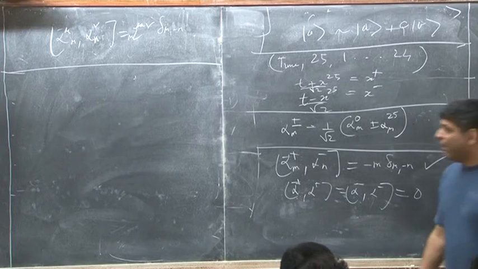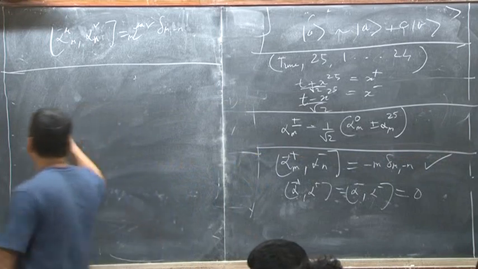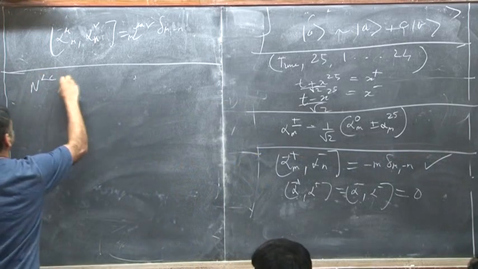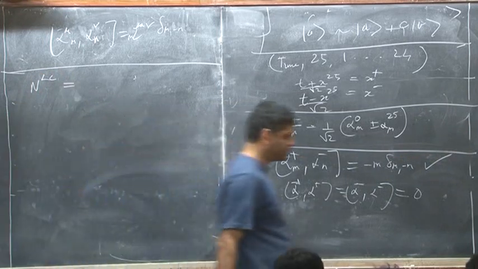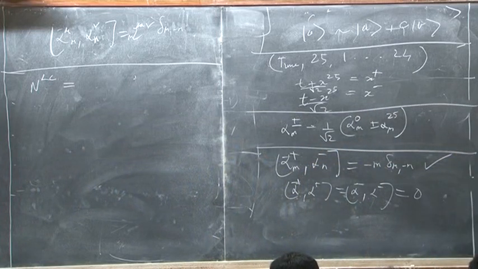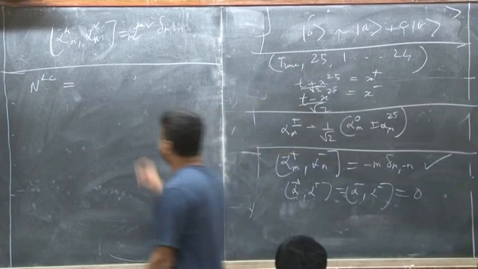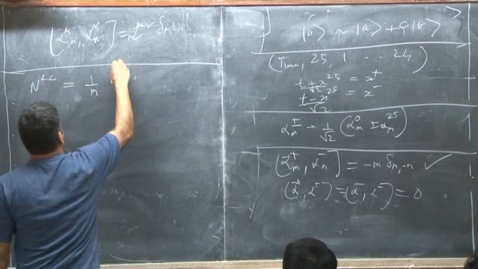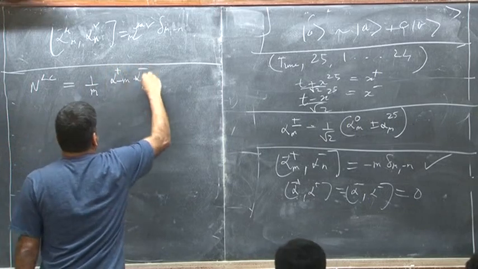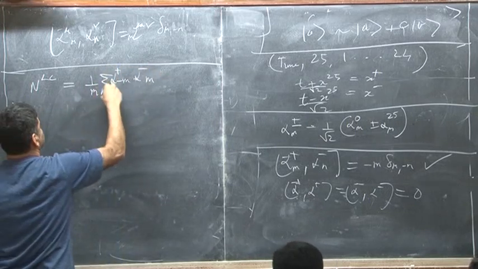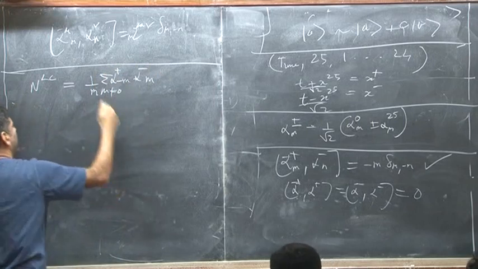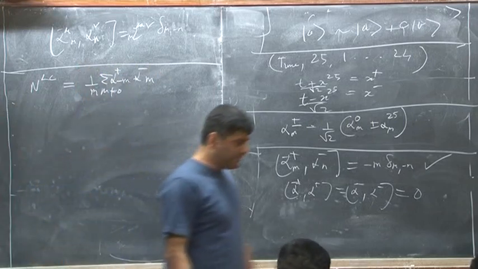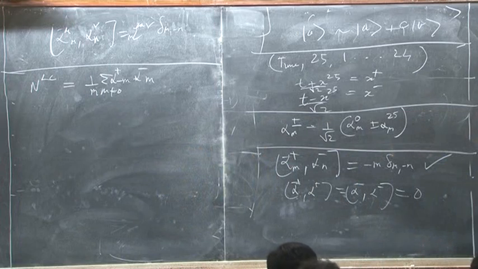Okay. Now the next thing we're going to do is to define N light cone to be the following: the sum of 1 by m alpha plus minus m alpha plus m, where m runs over all integers, positive and negative, but not equal to 0.